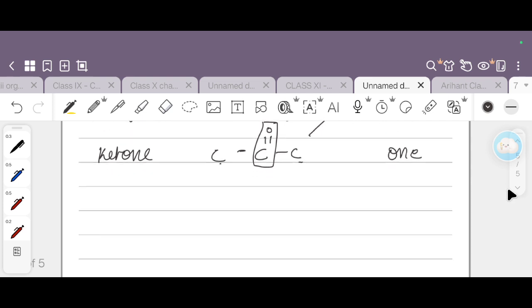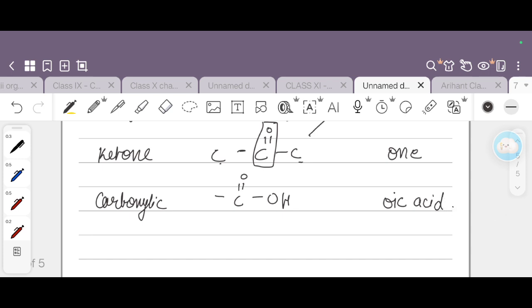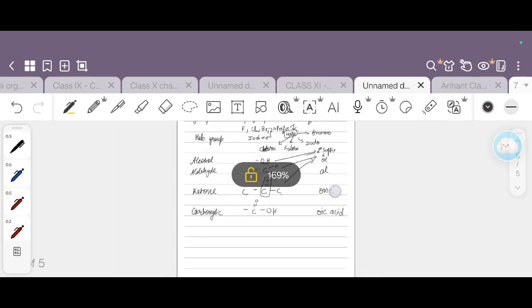The next is carboxylic acid. It is C double bond O and OH. We will use a suffix here like oic acid. So here is a brief about these groups.